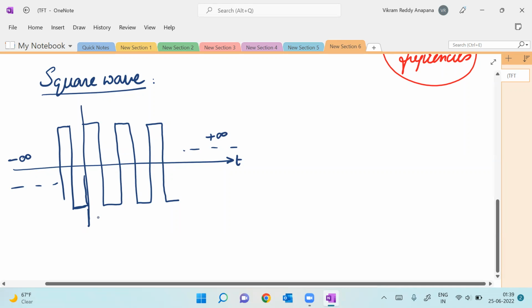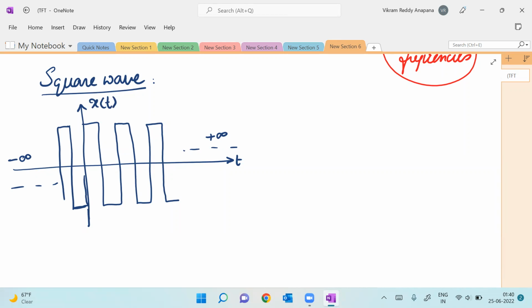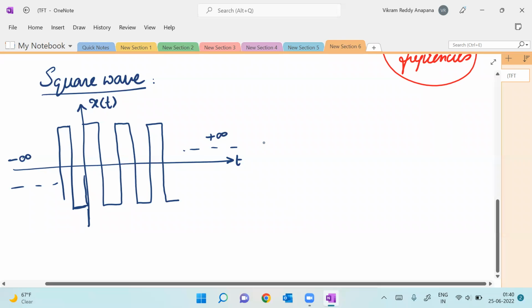Say this is your square wave x of t. Now, if you see a quick change in the time domain, that results in multiple frequency components in the frequency spectrum.